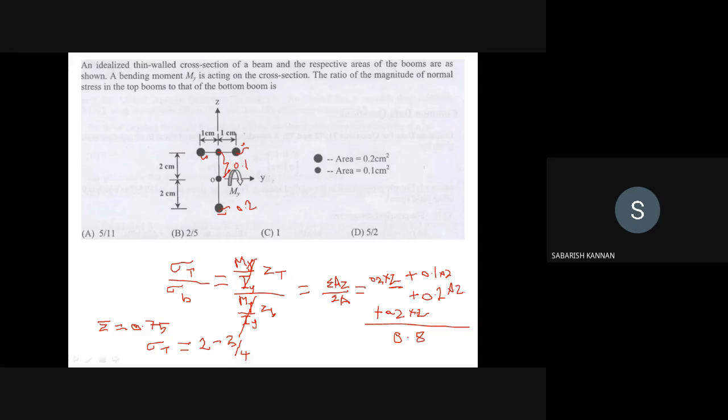From the centroid we have 2 minus our centroid value, which is 0.75. We put 0.75 also, not 3 by 4.